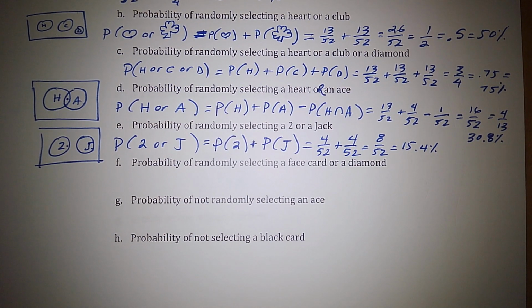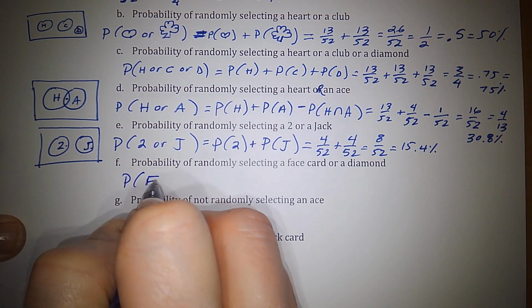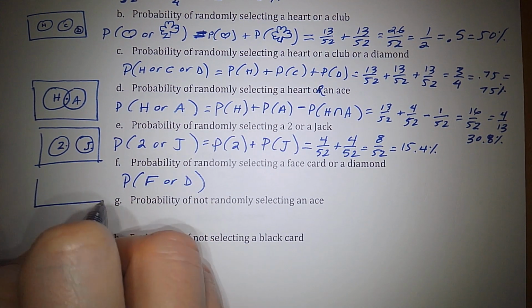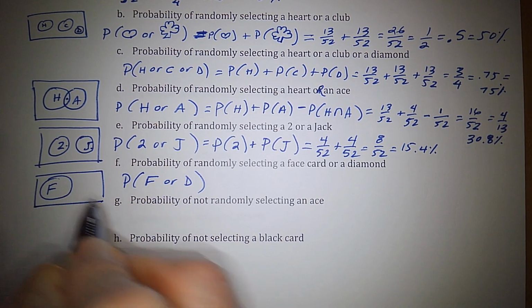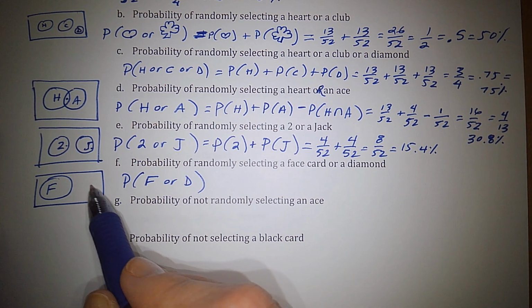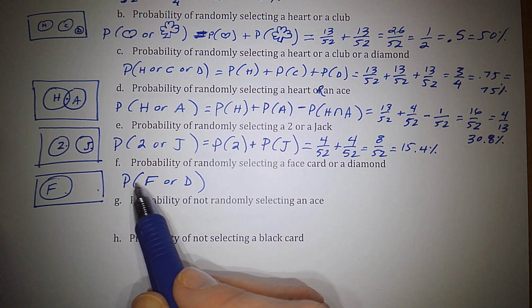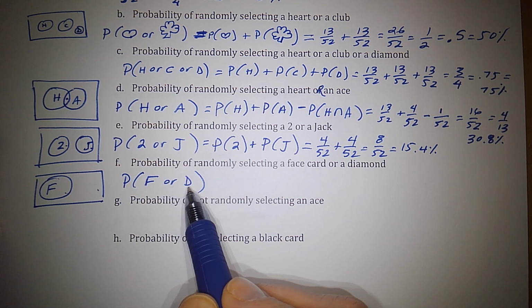The probability of randomly selecting a face card or a diamond. Okay, so the Venn diagram, we have all the face cards here, and then we have the diamonds. Mutually exclusive or not? Ask yourself, is there a card in the deck that can be a face card and be a diamond at the same time?